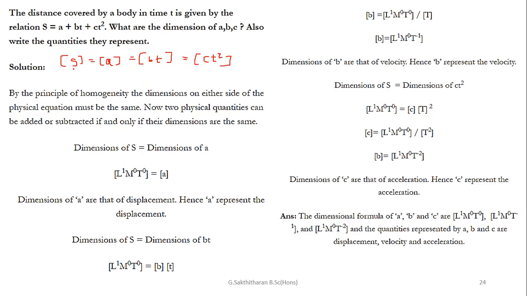Then S is the displacement, so the dimension of displacement is L. So here we can equate S and A, so the dimensions of A is L. Another one is to equate S and B T. Here S is the length displacement, so we calculate the dimensions of B, which is multiplied by T, where T is capital T. So the dimensions of B is L T minus 1.